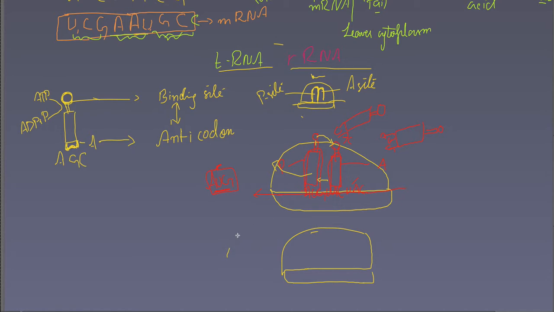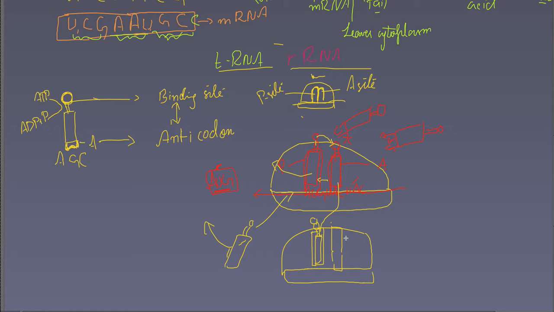If I were to draw, this one is going away, which is this one right here, and this one is coming to the P site, and again the A site is empty. So now you have a tRNA molecule with two amino acids attached to it.